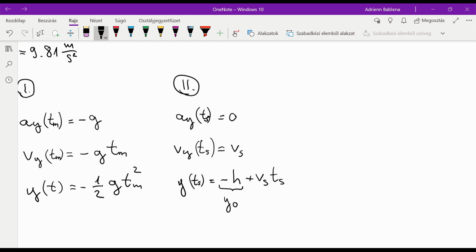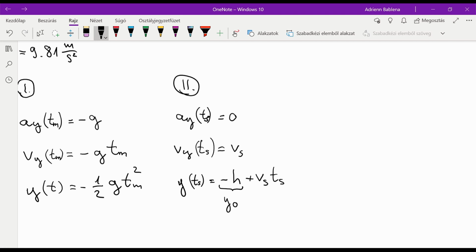Okay. Sorry, yes? I don't really understand why the acceleration is equal to 0. I think the acceleration should have the gravity. Because in the second part we take only the speed of sound, and gravity has no effect on the speed of sound.